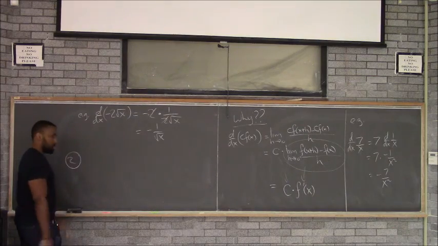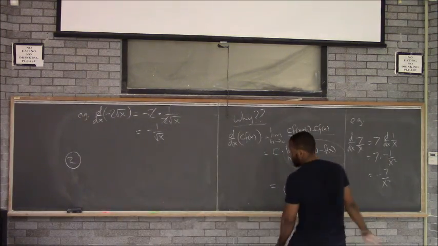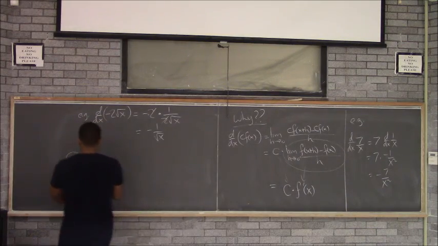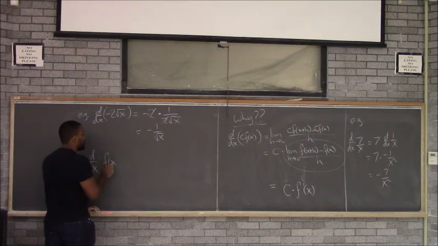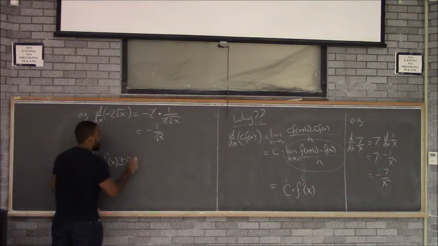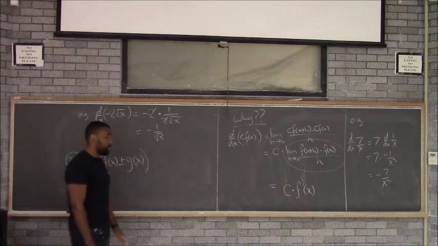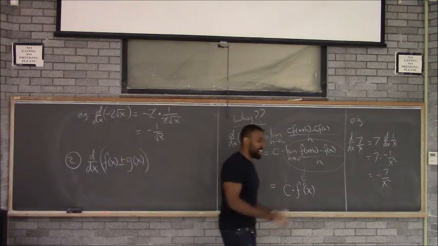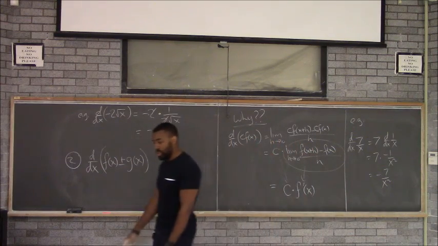Second property, the second algebraic property of a derivative that is very important: the derivative of the sum of two differentiable functions. So if f and g are differentiable, I can add them together, I can subtract them. And it turns out that the new sum is also going to be differentiable.